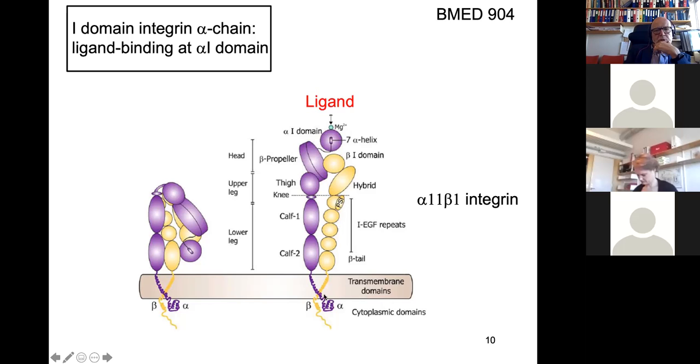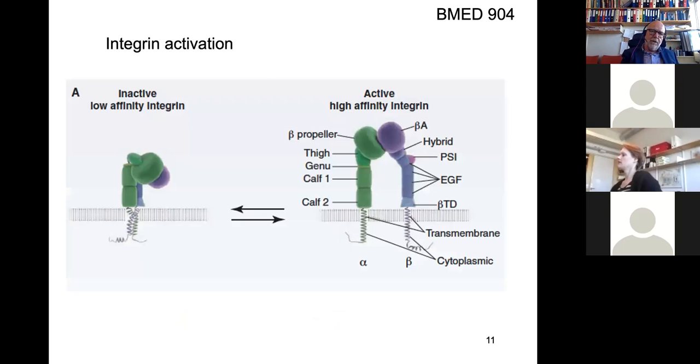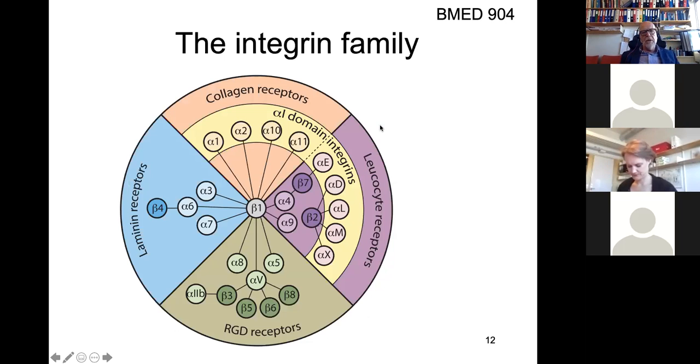So the beta subunit in these integrins is not directly involved in ligand binding. And here you see the difference between a bent inactive and an active ligand-binding alpha I domain integrin. Here again is another schematic illustration of the difference between an inactive and an active integrin.